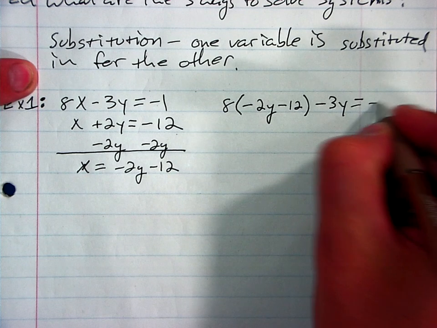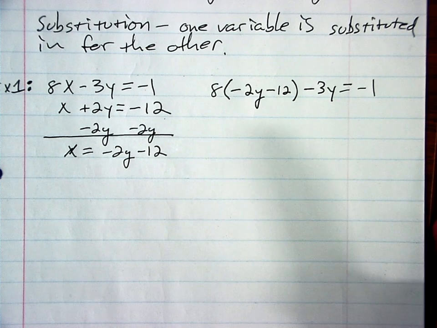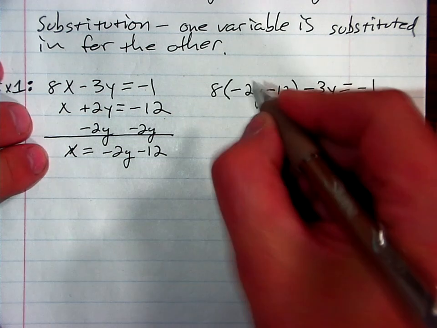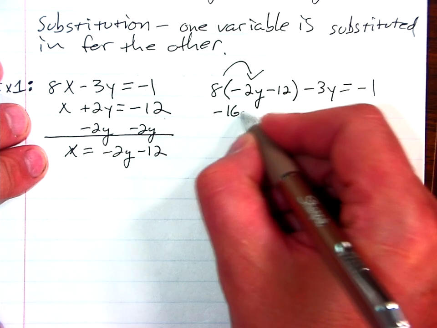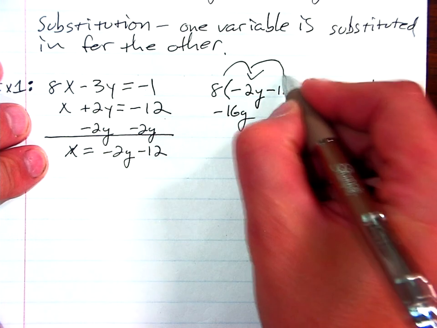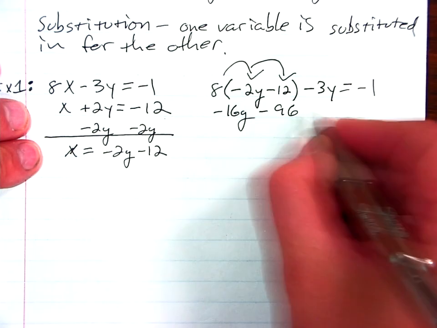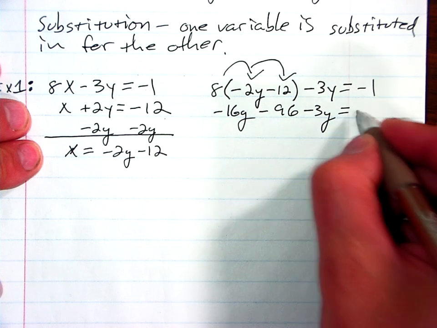Minus 3y equals -1. And now we're going to solve for y. I would probably do distributive property. 8 times -2y is -16y. 8 times -12 is -96. Bring down the minus 3y, bring down the -1.